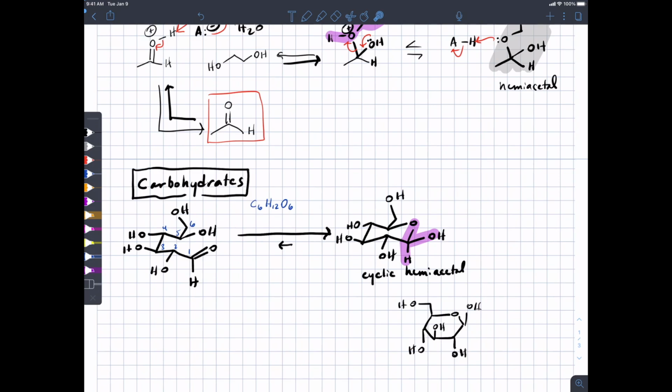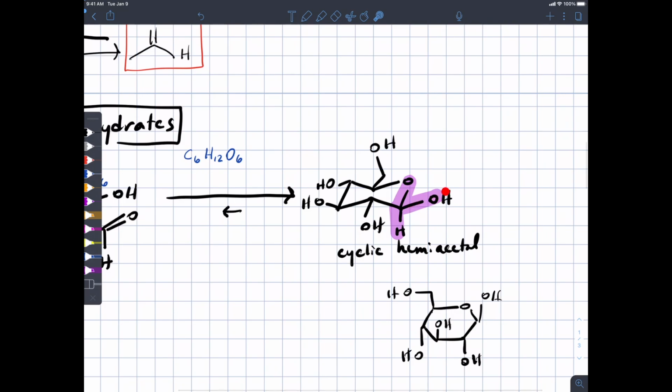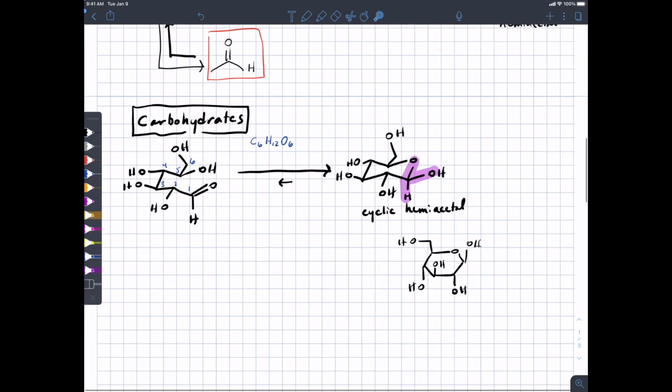So this is the glucose molecule, and it's a hemiacetal. We'll talk more about carbohydrates later on. There's two possible stereochemical configurations at this carbon. That's the hemiacetal, and we'll talk about what happens if it's up versus down.